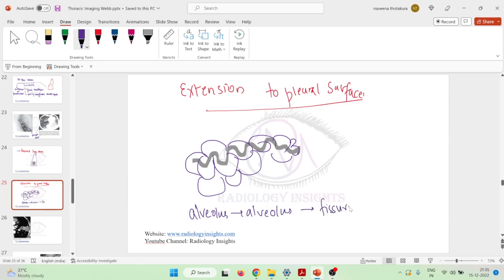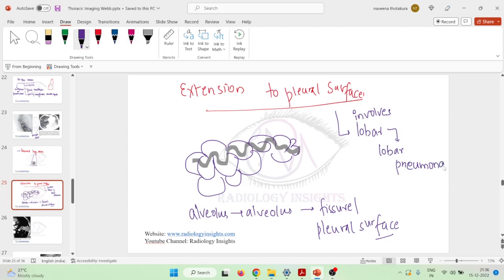Either it reaches a fissure or it reaches the pleural surface. When the extension to pleural surface appears, it mostly involves the complete lobe. Thus we can call this lobar pneumonia. So whenever it extends to the pleural surface, that means the whole of the lobe is involved. In such cases, lobar pneumonia is seen.